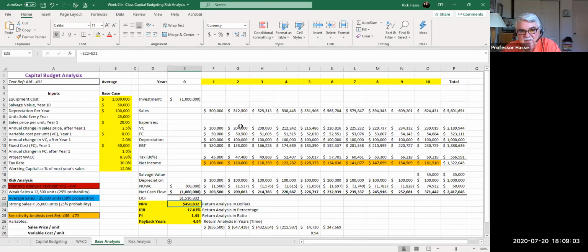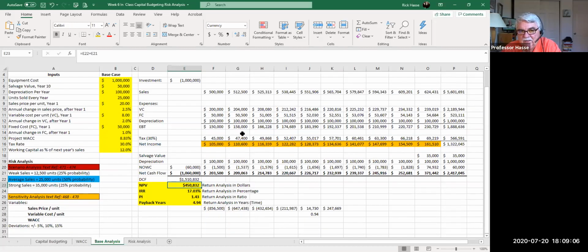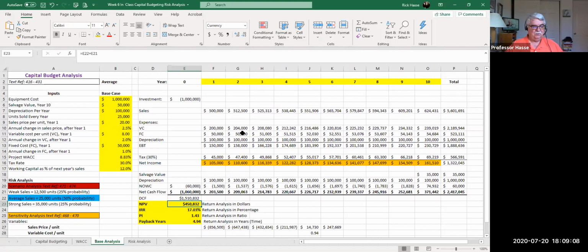And we put together a 10-year analysis of cash flow. And the definition of cash flow in finance is net income, net accounting income, plus salvage value after taxes, plus adding back depreciation, and subtracting working capital as it affects the asset over the life of the asset, and then adding back the working capital in the final year of the investment as you recoup those costs.